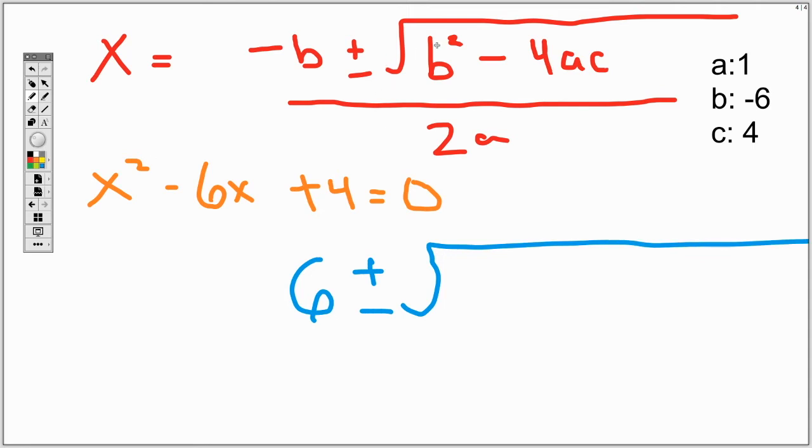So it becomes B squared, so -6 times -6 would be 36, minus 4 times A, which is 1, and then times C. So 4 times 1 is 4, and then 4 times 4 is 16. So minus 16. Before I even begin dividing, let's just simplify this first. Instead of 36 minus 16, it will become 20.